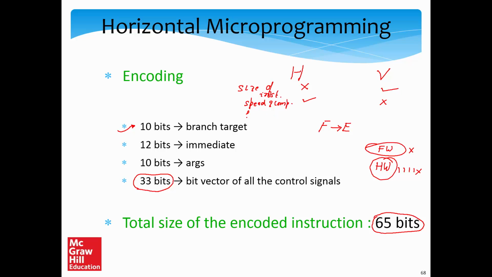If I consider flexibility of changing the control signals or other simple details of the hardware, horizontal has no flexibility at all, whereas vertical microprogramming still gives you some amount of flexibility. So there is clearly a trade-off between both the approaches. It's not the case that one approach is strictly better than the other. So these have to be kept in mind.